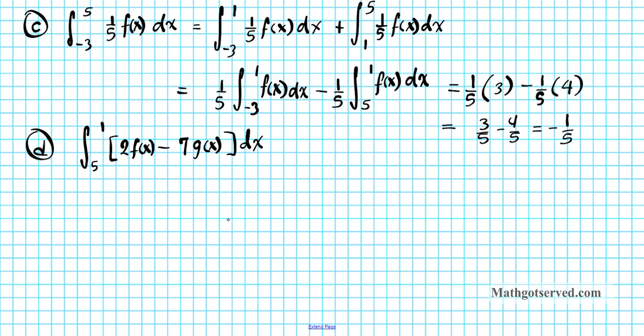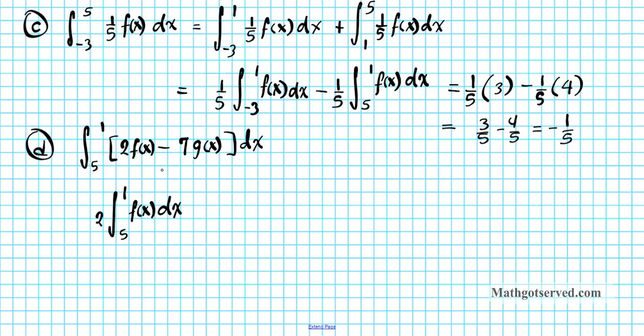Okay, all right. So first thing I'm going to do, I'm going to apply the sum and difference rule and the constant multiple rule simultaneously. So this can be written as 2 times the definite integral from 5 to 1 of f of x dx.